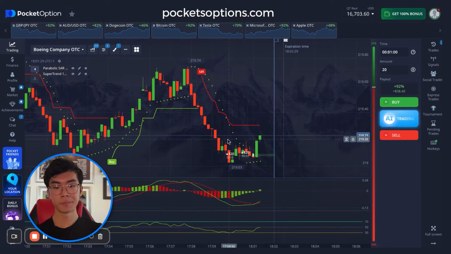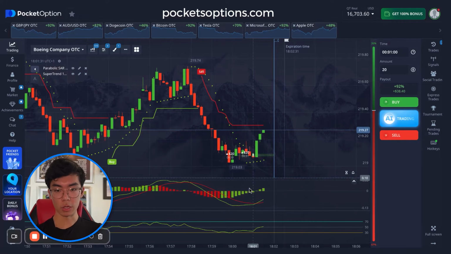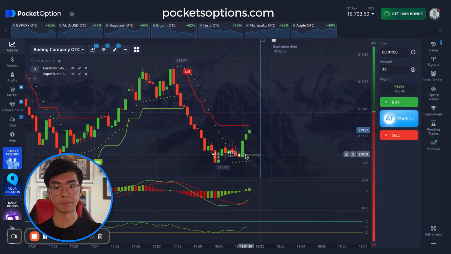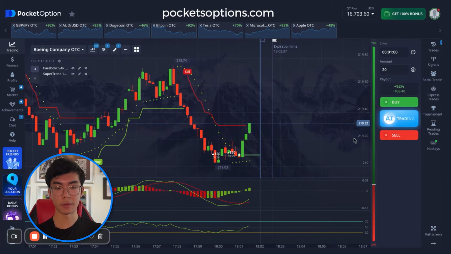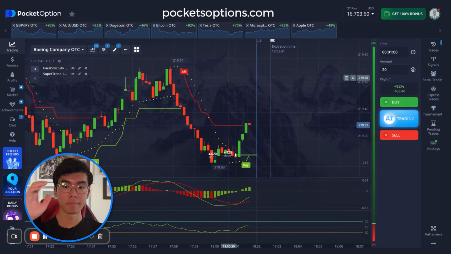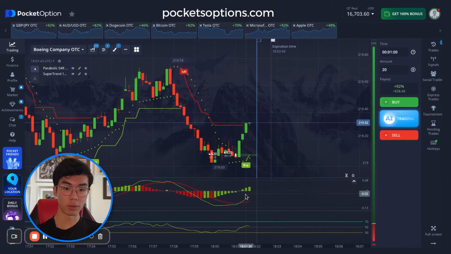So here it's going up quite a bit. There's a crossover here, so it's even a stronger sign that it'll go up. As you see here, it's going to go up further, and further. Perfect. Now it even has a buy to support this.